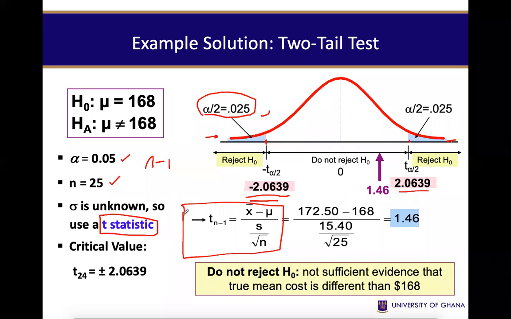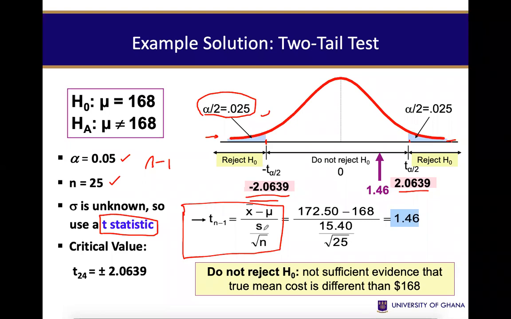So we've used the sample mean minus the population mean divided by this formula, and we've used the sample standard deviation as an estimate for the population standard deviation.